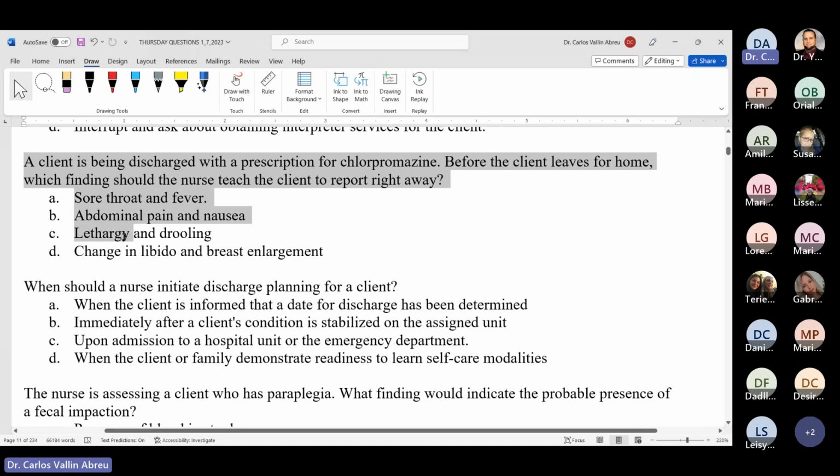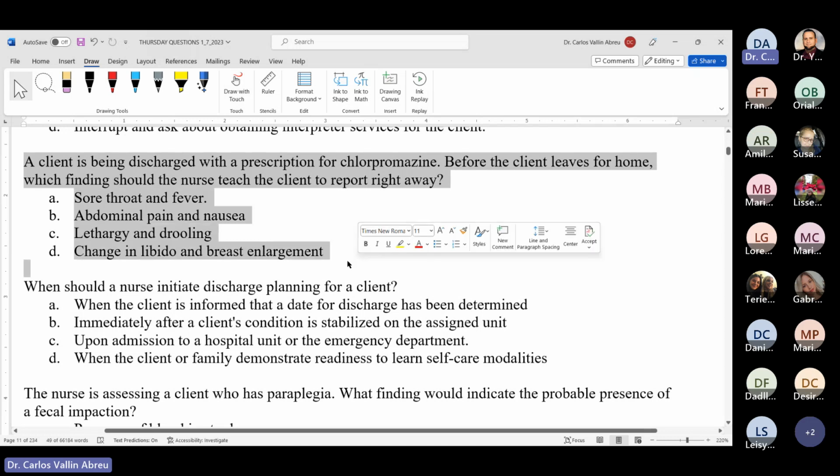So I just wanted to share with you that you should expect NCLEX questions about topics that you don't remember or that you never heard about. Expect that. And don't think that because you have one or several questions like this where you have no idea, it means that you are going to fail your NCLEX.